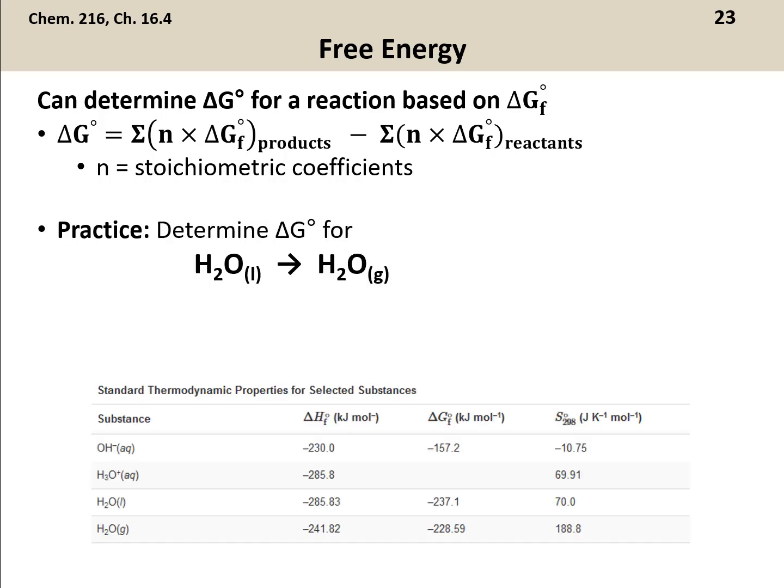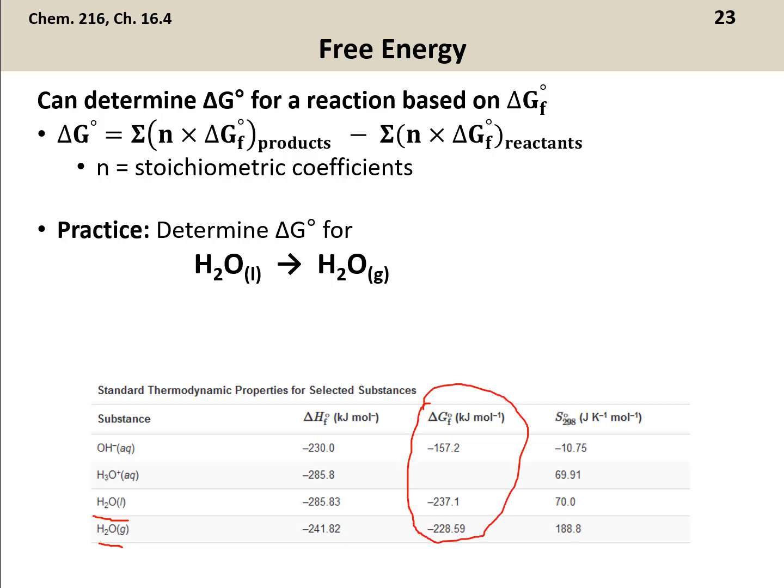Let's say we're asked to determine delta G for H2O liquid going to H2O gas. We're given some information from the back of the book. We have H2O liquid and gas. We're asked for delta G's, so we're going to use these.